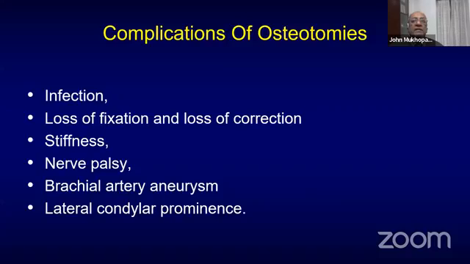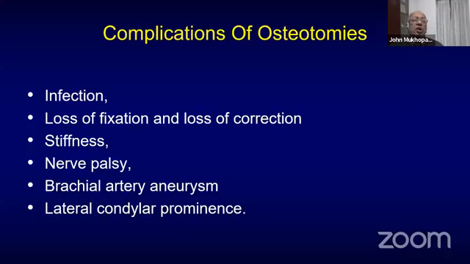There are, as I mentioned, significant complications. Of course, infection depends on the kind of setup you're working in and should be low, less than 1% ideally, because it's an elective surgery. You can get loss of fixation and loss of correction. I think this is probably the most common complication that we see after this.